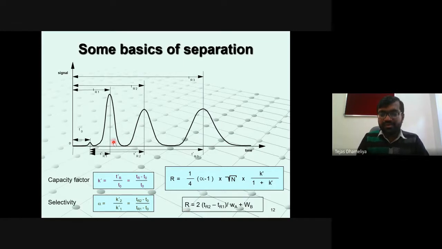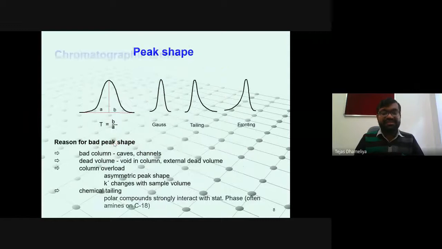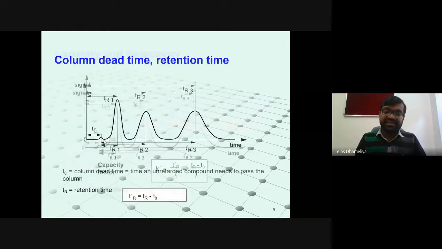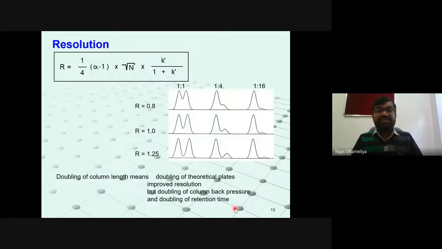WA is the width of peak A, the peak width. So that we can also calculate resolution.